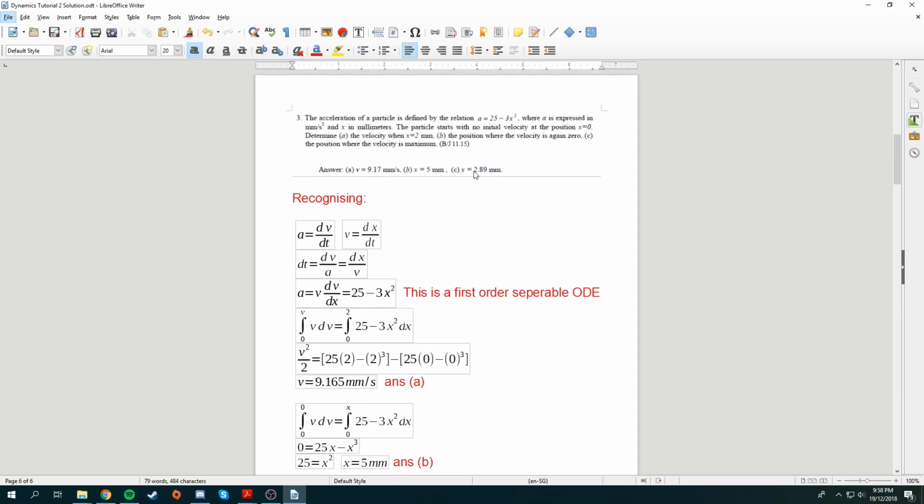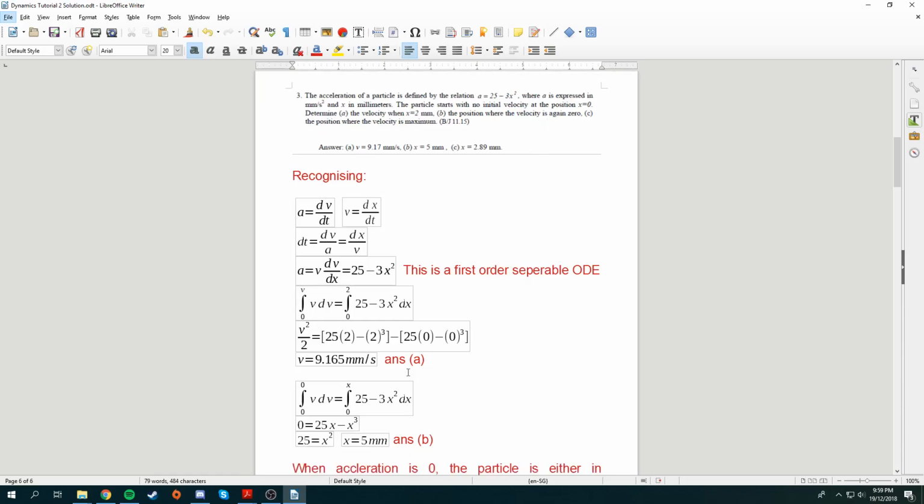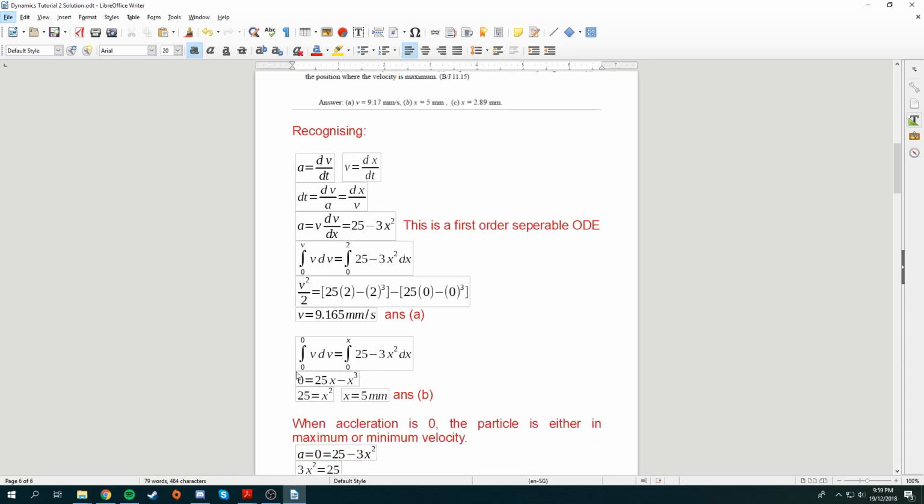Now the next question is, we're trying to find the position where the velocity is again 0. This means the starting velocity is 0 because it starts with no initial velocity, and the final velocity will also be 0 because it's when the velocity is 0 again.